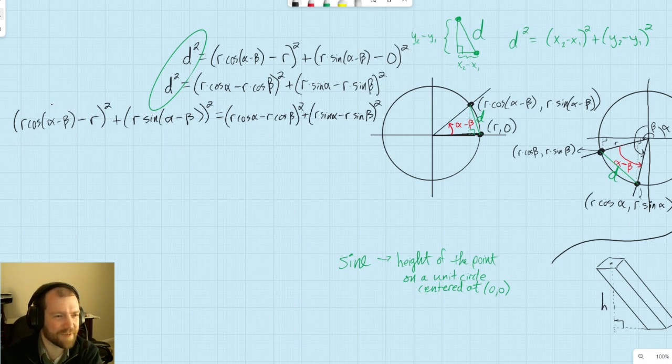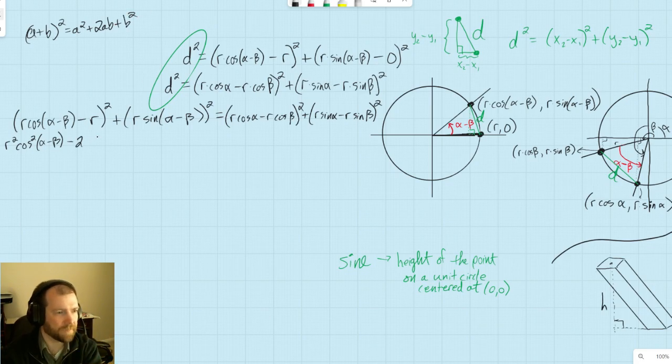All right, this is going to be multiplied all out. So this is going to be r squared cosine squared of alpha minus beta minus 2, and this is the whole Pascal's triangle thing, where we're doing (a plus b) squared. So we get a squared plus 2ab plus b squared. So here, this is the 2ab part. Yeah, and it's much, much simpler.